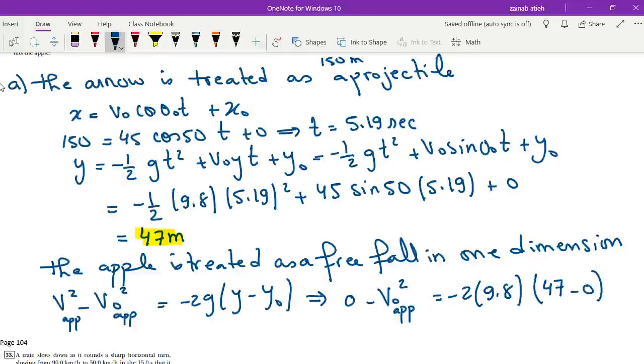I can calculate now. I'll get v0 for the apple, for sure v0 is positive because it is upward.